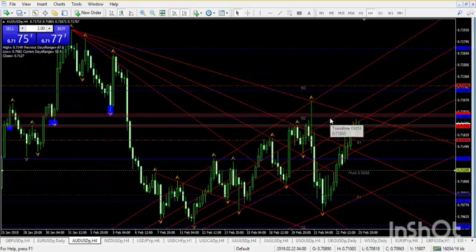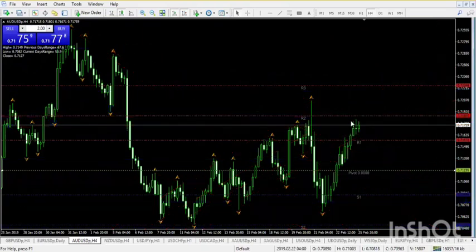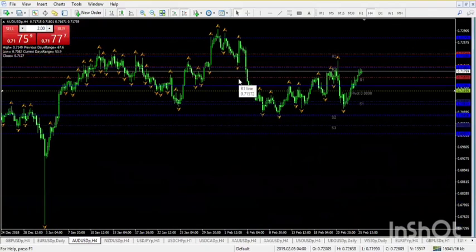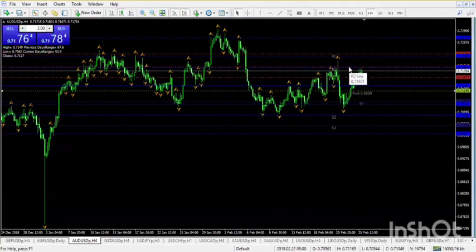Let me show you on another chart. For example, in here, we have 5 pivots.